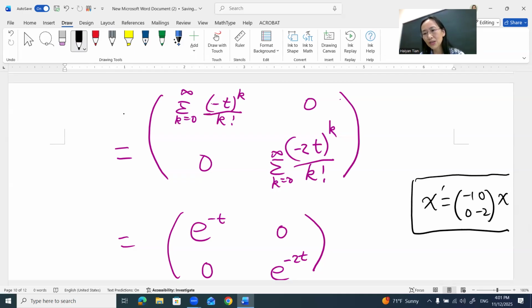We just use this as an example to show that when the coefficient matrix is a constant coefficient matrix, this approach can be employed to find the fundamental matrix. Yes, the approach is the power series representation for the fundamental matrix.